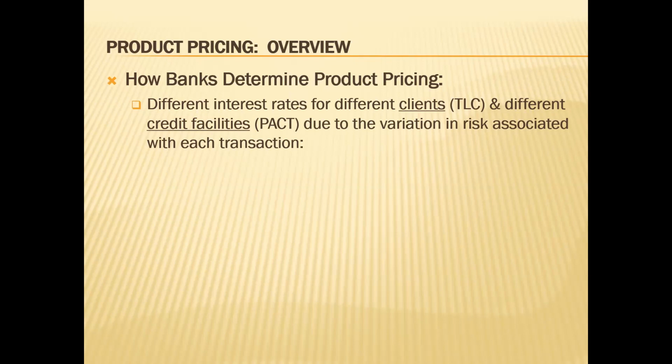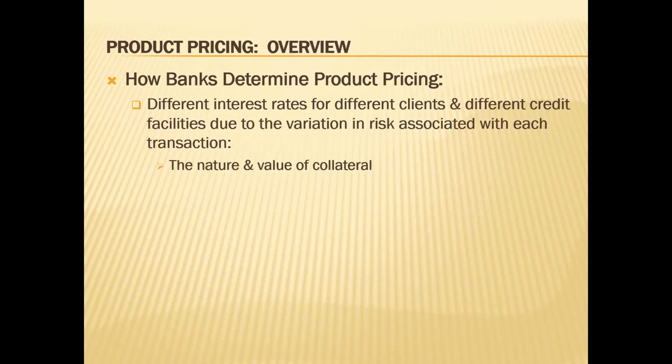So the first one, the nature and value of the collateral. We just talked about that a bit. The dollar value of the transaction. So the size of it would determine, again, normally consumer loans the dollar values are smaller. The dollar values of mortgages or business loans tend to be larger for the most part.